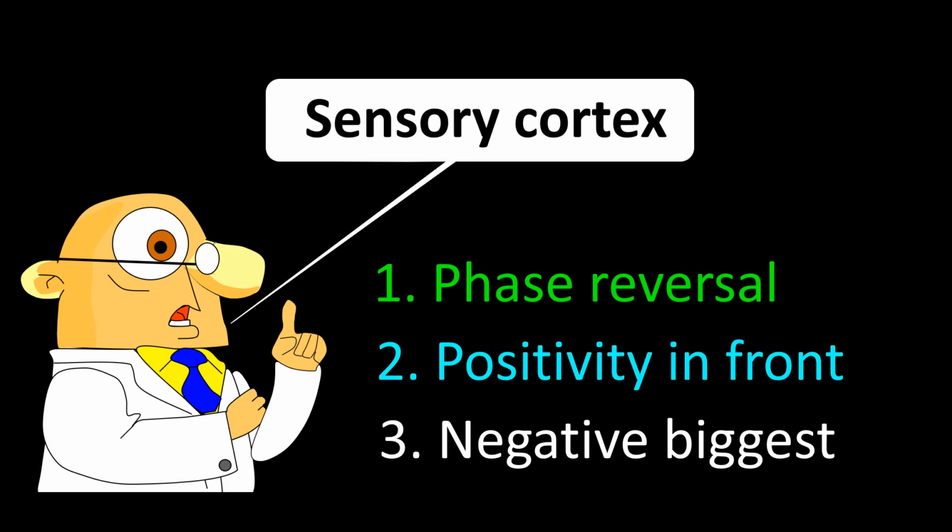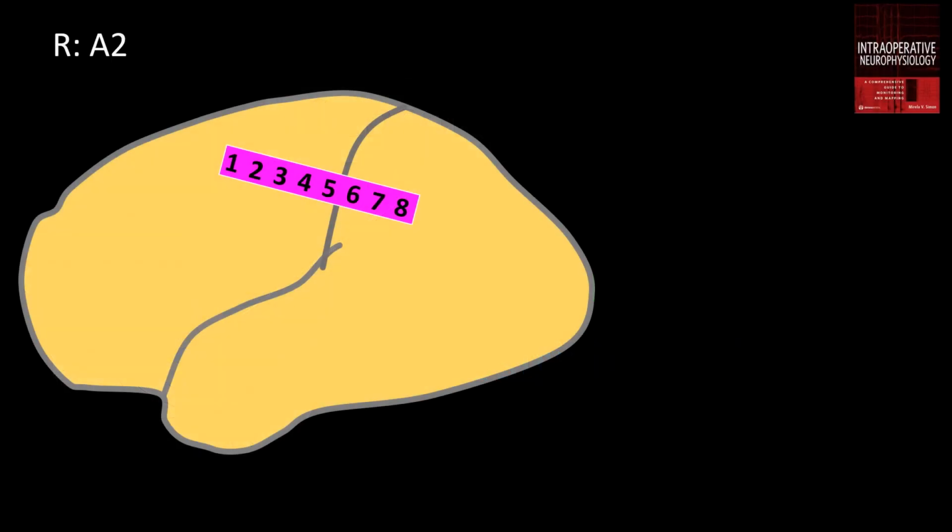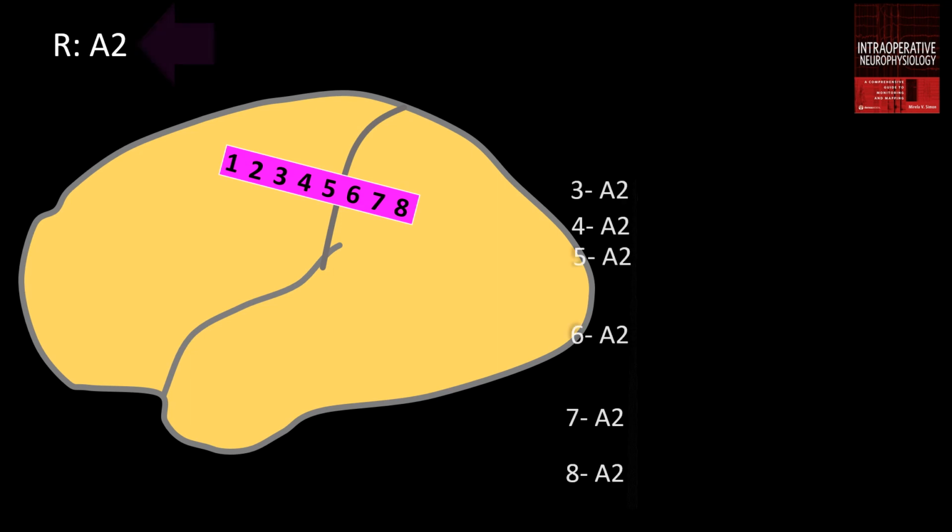Once we determine the phase reversal, the next thing we do is look for the positivity in front. Here we do not use a chain montage, but each electrode in the strip is connected to another electrode placed at the right ear. In this frame, the connections between electrode 1 and the right ear and 2 and the right ear are omitted based on the finding of phase reversal on electrode 6, as we have already mentioned.